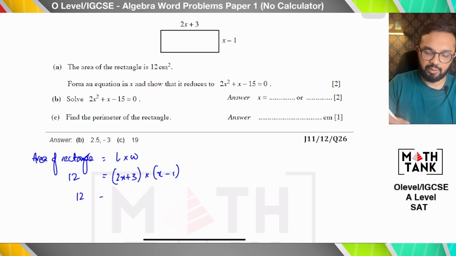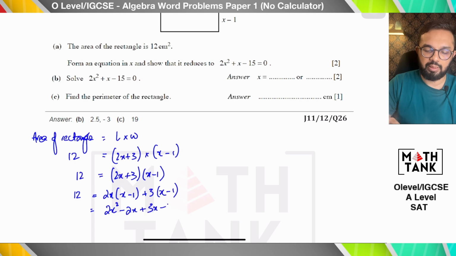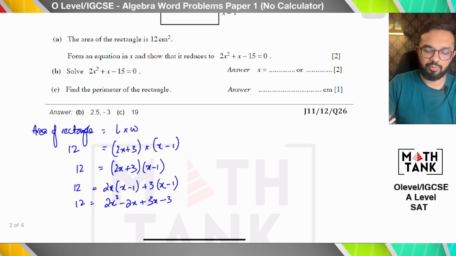So I'm going to say that 2x plus 3, x minus 1. How do I multiply that? I take the first term and I will expand the brackets that I usually do. I'm going to do it step by step for you. And I'm going to write 2x squared minus 2x plus 3x minus 3 equals 12.